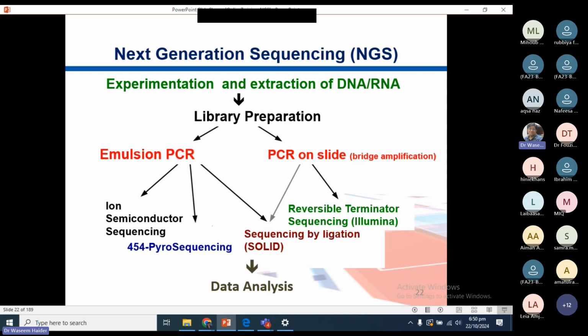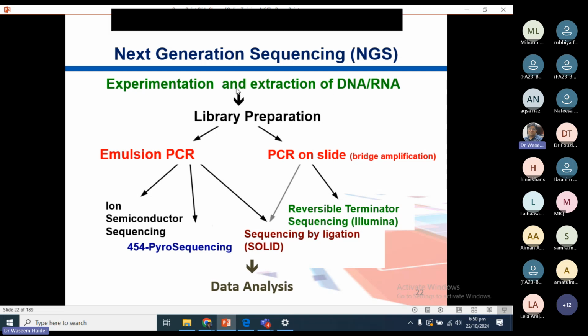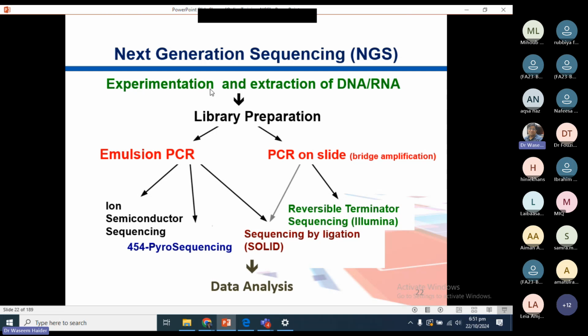If a nucleotide is incorporated, there will be a change in the pH. If not incorporated, no change, right? That change is then detected, and wherever those pH changes are happening, we believe that a nucleotide has been incorporated, and we can check which nucleotide has been incorporated. In this way, we can sequence them. So this is how this whole party is set up. We do experimentation and extract DNA and RNA. That's what the biologists, mostly life scientists, animal scientists, veterinarians, the people working in molecular labs, are working on.